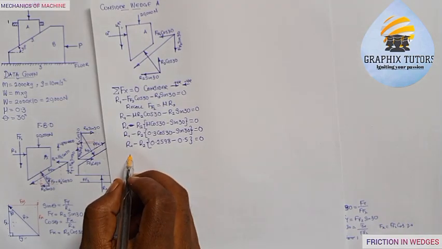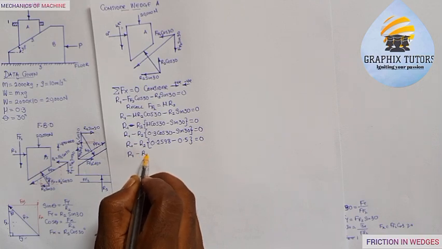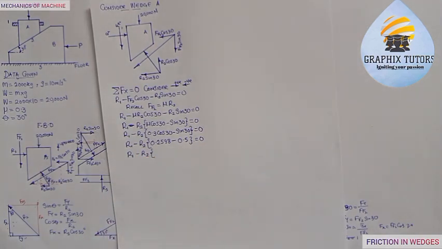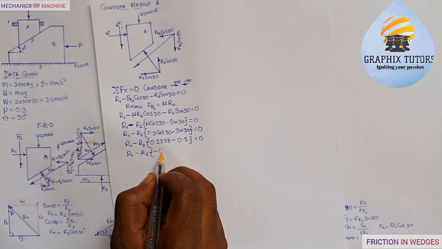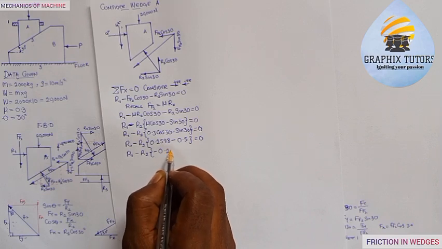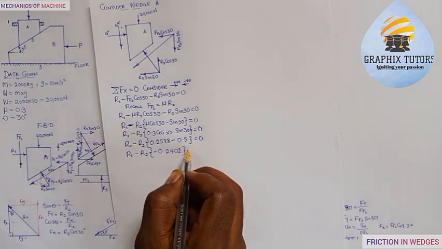So R1 minus R2 into bracket: 0.2598 minus 0.5 gives us minus 0.2402.